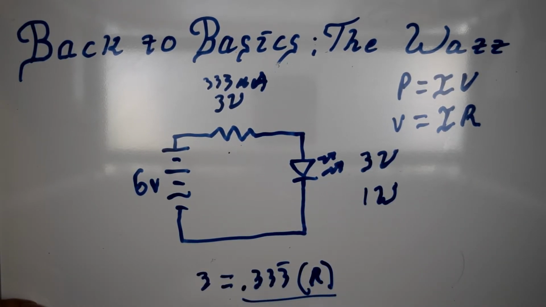Now we divide both sides by 0.333, like so, and we get our resistance is equal to 10 ohms.